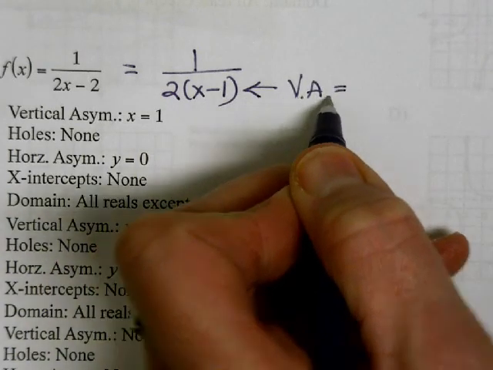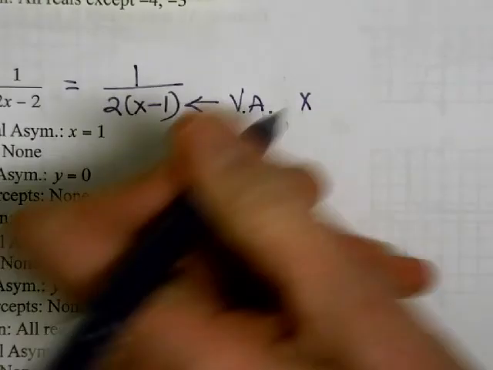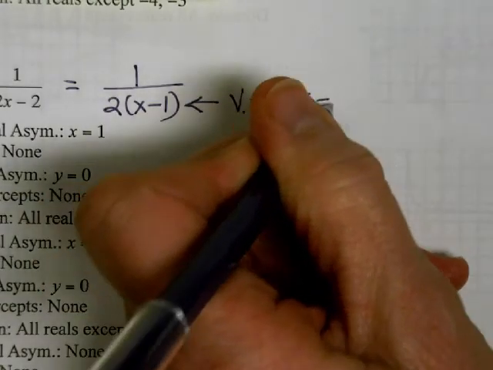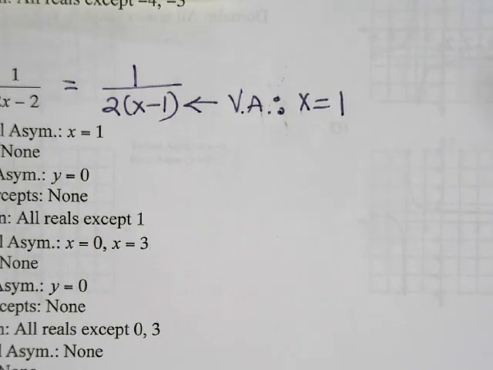So there's no holes. The vertical asymptote is x equals 1. I need to put a colon instead of an equal sign.